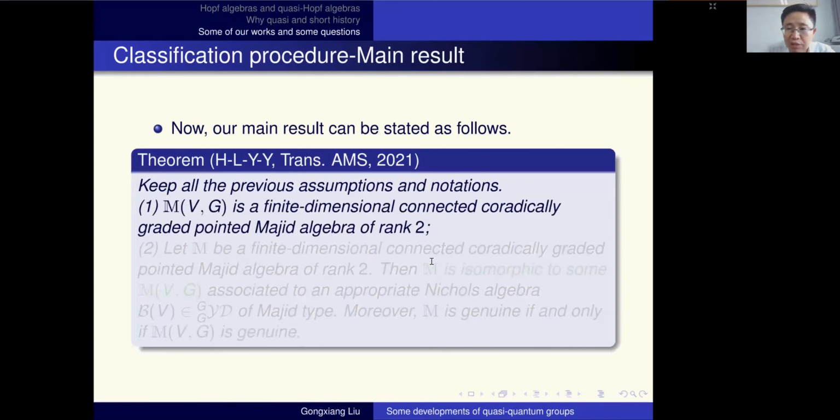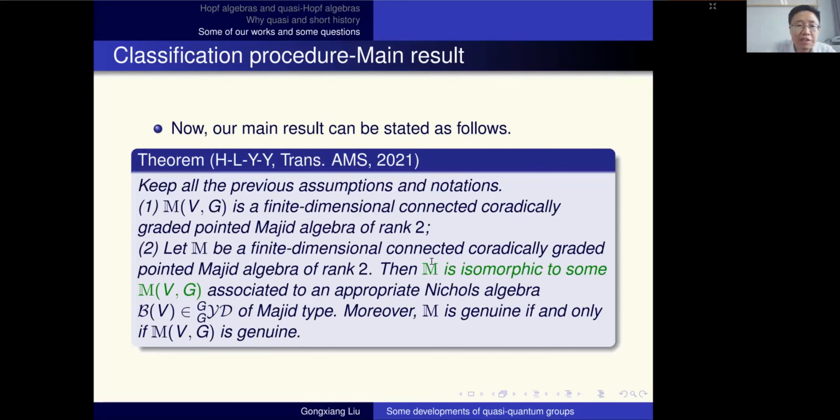Last theorem, we divide into 2 parts. First, MVG is a finite dimensional connected, graded pointed major algebra of rank 2. Then we say that if it is a finite dimensional, connected, coradically graded pointed modular algebra of rank 2, then it must be isomorphic to some MVG.